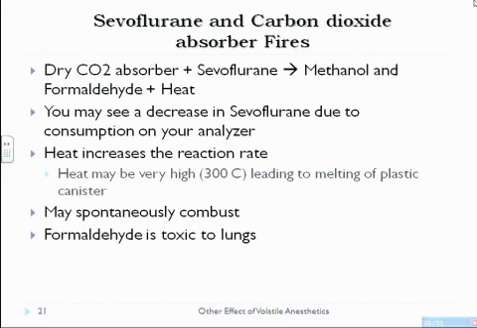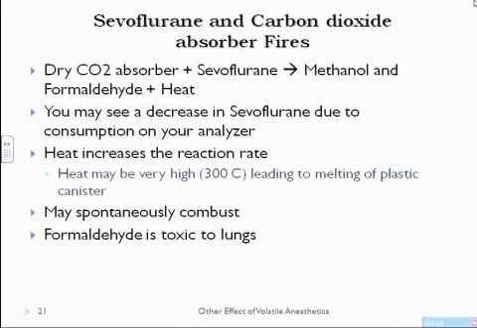Since 2003, Baralyme was taken offline because of this. Baralyme used to be the main source of CO2 absorbers in the United States, but when you mix it with sevoflurane in a dry CO2 absorber, it'll convert sevo into methanol and formaldehyde, and a byproduct will also be a tremendous amount of heat.